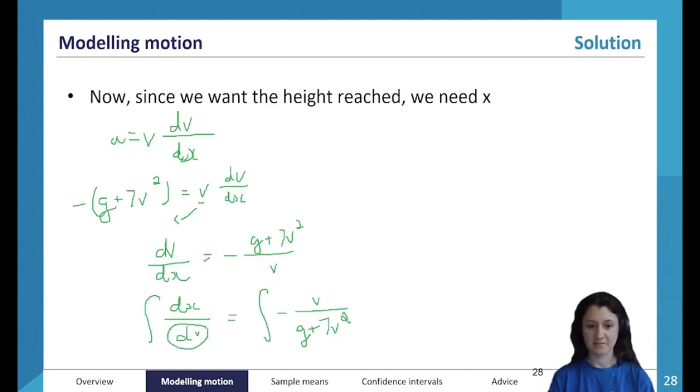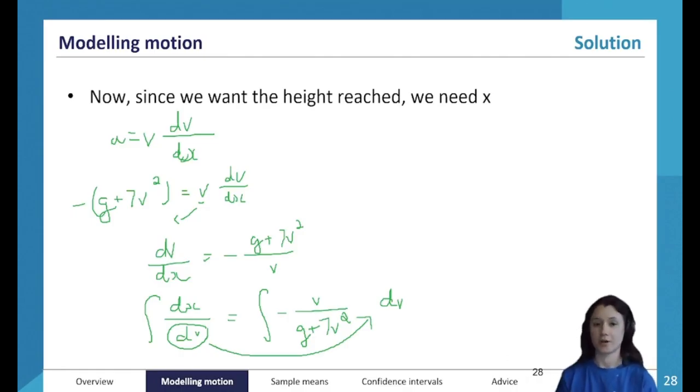Take this dv over. So, we now have that x is equal to the integral of negative v on g plus 7v squared dv. Now, to solve this, I want you guys to think back to those integration methods that you would have learned towards the beginning of the year.